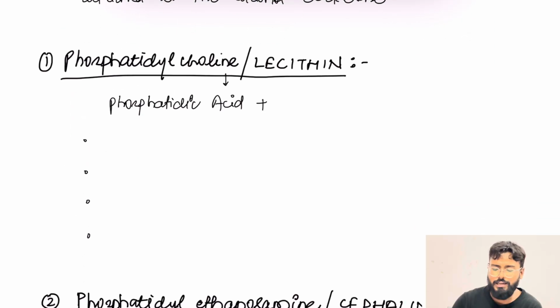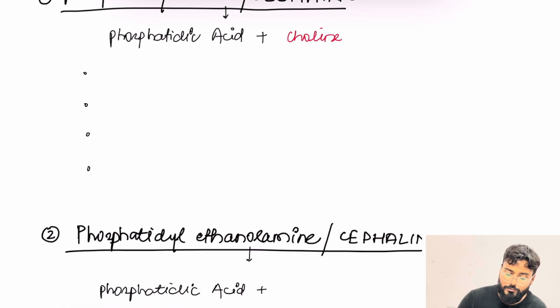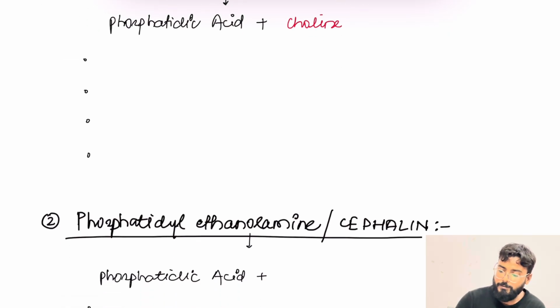We are going to see which head group combines with phosphatidic acid to form lecithin or phosphatidyl choline. From the name, it is obvious that if you combine phosphatidic acid with choline, it forms phosphatidyl choline, or lecithin. Now where are you going to see lecithin inside the body, and what are its functions?